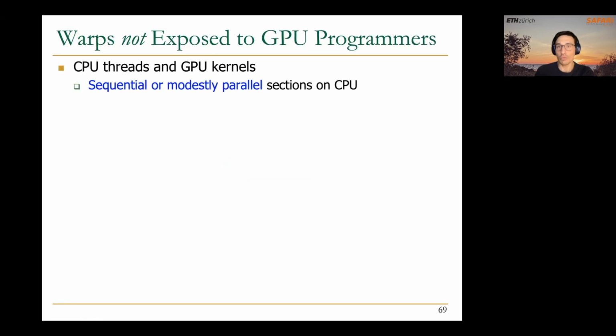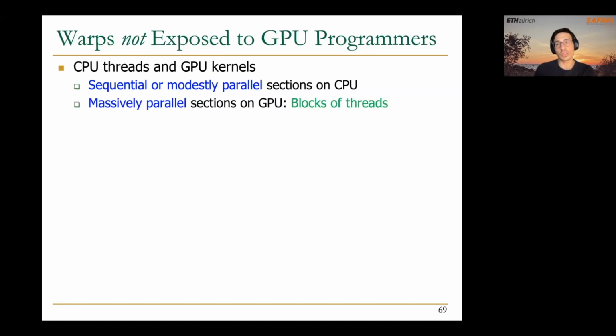So how are we going to execute these kernels on the GPU? Is this the only thing that we are going to have in our programs? I don't think so, because all codes will continue having some parts that are sequential or modestly parallel. We will execute those parts of the computation that are massively parallel on the GPU. The way of writing our code is going to be using blocks of threads.